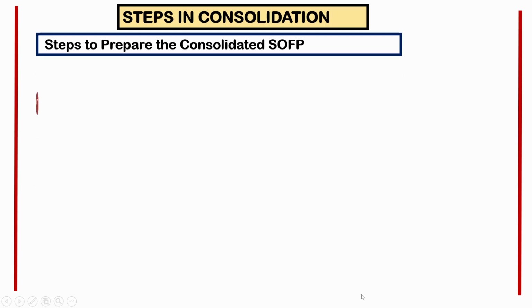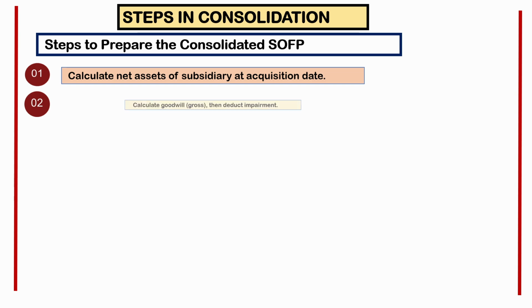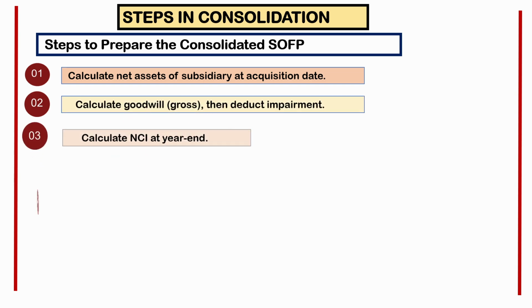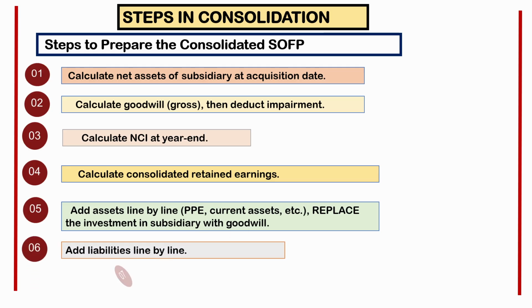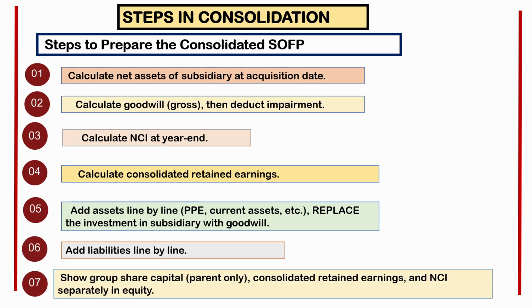That is just a simple consolidation where we are taking the parent assets and liabilities and combining with the assets and liabilities of a subsidiary in a very simple way. But now IFRS 10 tells us that there are some components within our consolidated statement of financial position that require to be adjusted.